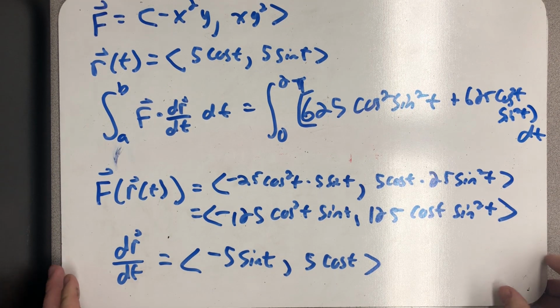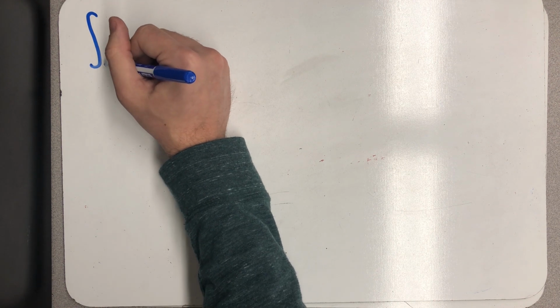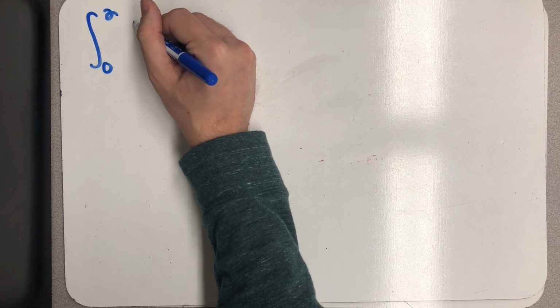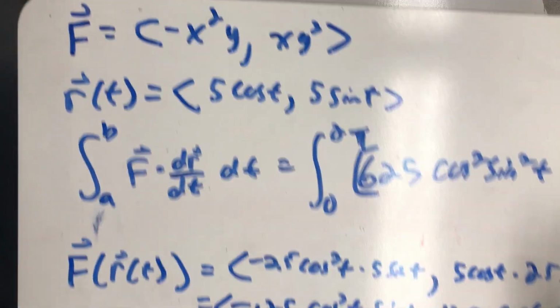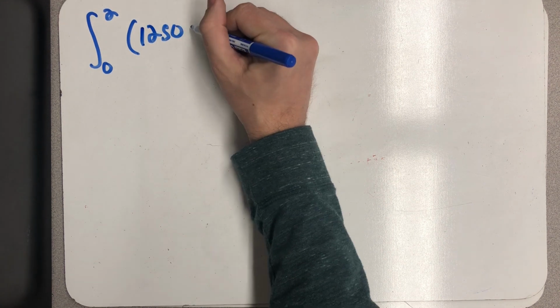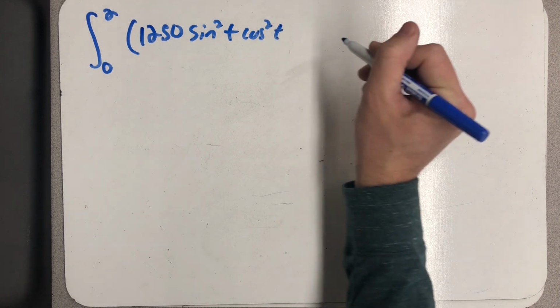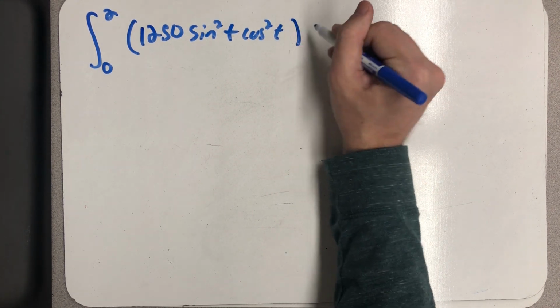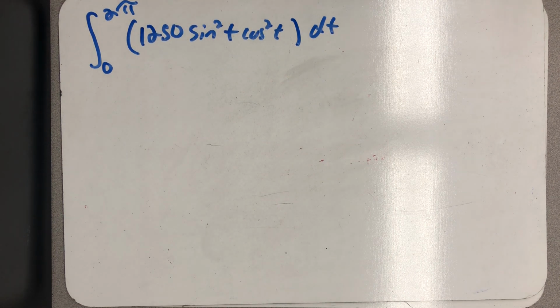And I kind of ran out of room there. So thinking about that last statement, I have the same thing twice, so 625 and 625 is 1250 sine squared t cosine squared t dt. And that's what I'm integrating.